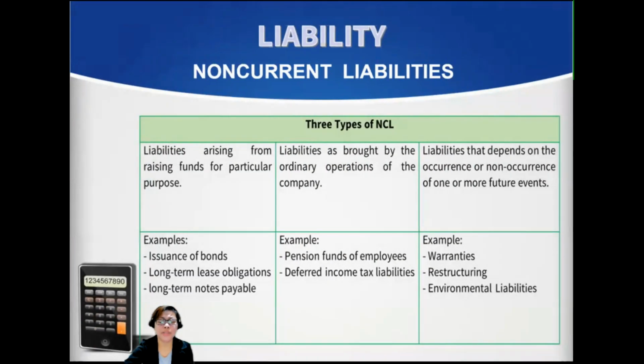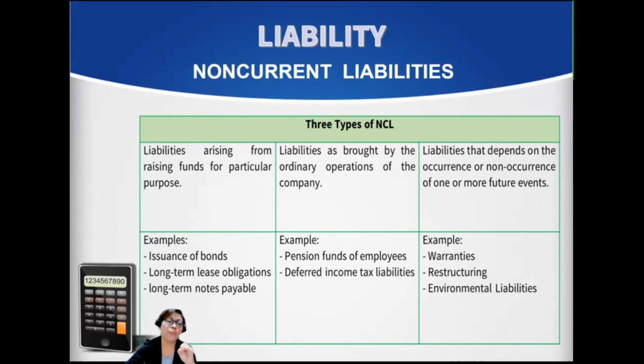So I'll just give you some examples of non-current liabilities. We have long-term notes payable. These are issued by the company to suppliers or financial institutions and evidenced by a promissory note and expected to be settled beyond a year.